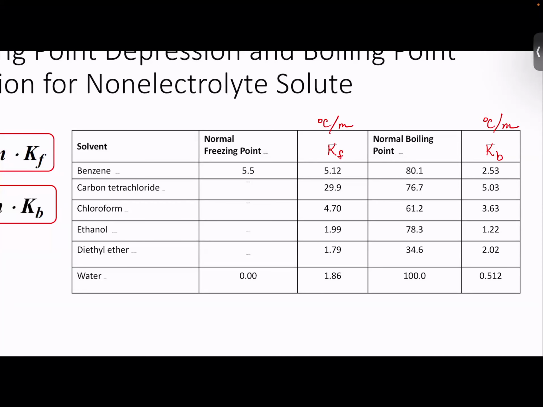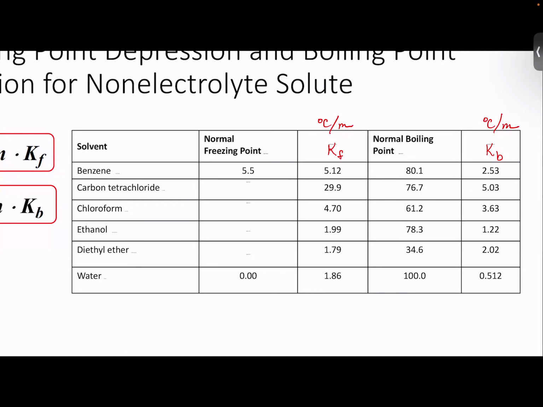Now, in order to perform calculations associated with these solvents, you also need to know the normal freezing point and the normal boiling point. I will give you the normal freezing point and the normal boiling point for everything but water. And at this point, if you do not know, water freezes at 0 degrees Celsius and boils at 100 degrees Celsius.